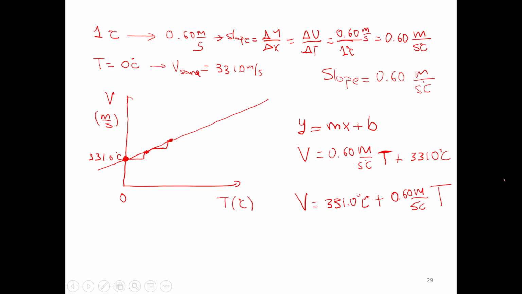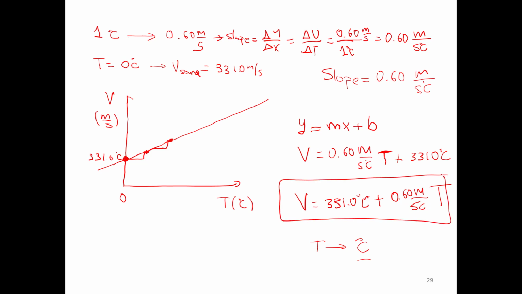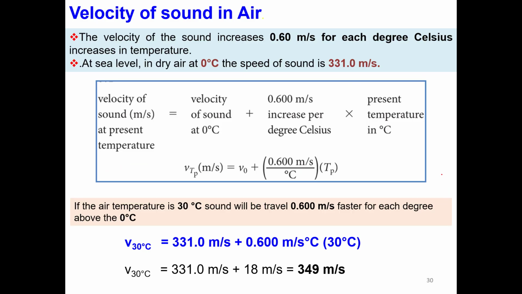One important thing is that if we use this equation, the temperature must be in degrees Celsius. These equations allow you to calculate the velocity of the sound at any temperature, but the temperature must be in degrees Celsius.